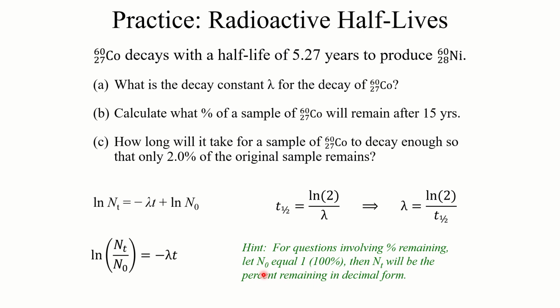It's probably best to let N0, the original number of nuclides, equal 1 or 100%, and then Nt will be the percent remaining in decimal form. So if it's 2%, you could set N0 equal to 1, and then that would make Nt 0.02. So please go ahead and pause the video and see if you can come up with the answers for letters A, B, and C.